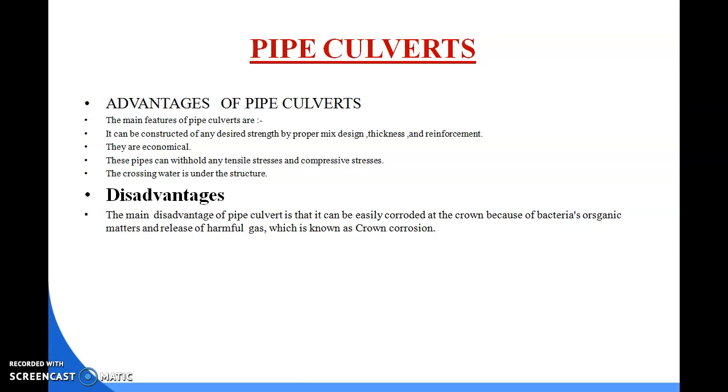These pipes can withstand tensile stresses and compressive stresses, and the crossing of water is under the structure. These are the advantages of the pipe culvert. And what are the disadvantages? The main disadvantage of a pipe culvert is that it can be easily corroded at the crown because of bacteria, organic matter and release of harmful gas, which is known as crown corrosion.